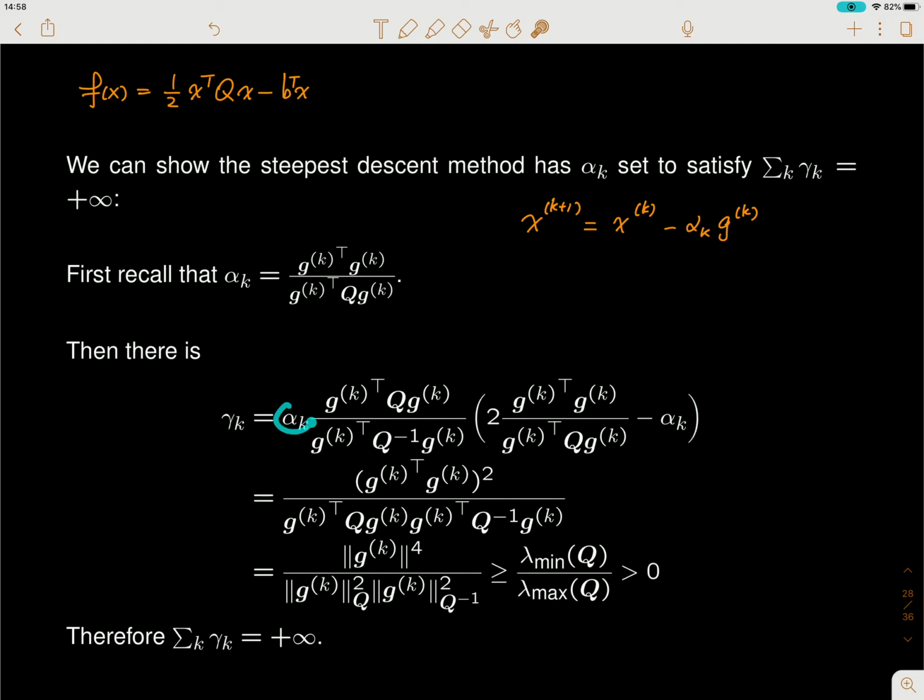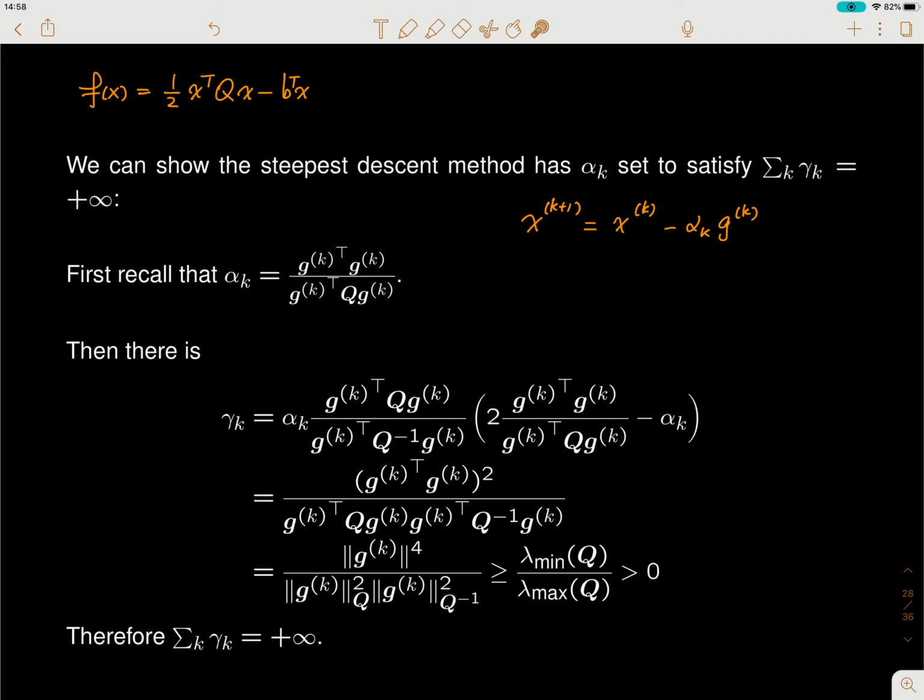And similarly, when we plug this alpha k back in here, we can see what happens. I'll see that this denominator of alpha k is the same as the numerator here. So they should be cancelled, right, when I plug this alpha k in here. And also, as we said, in the parentheses, I will just have 1 times this. So we only have this left.